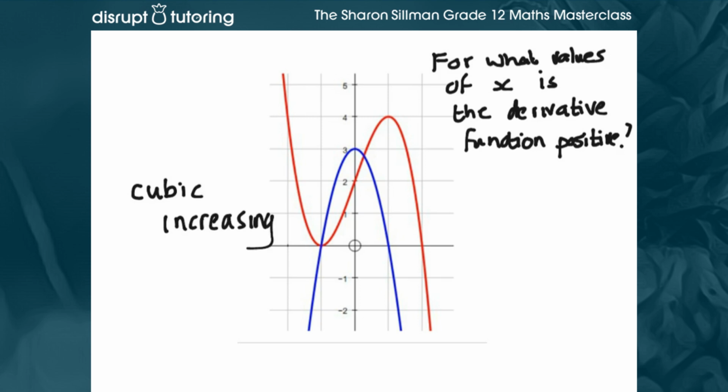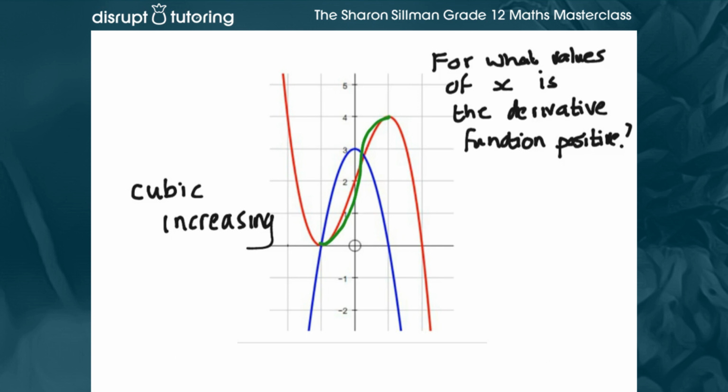So even if we couldn't see the derivative function, the blue graph drawn here, we should be able to say, well, if we wanted the derivative function to be positive, then its original function must be increasing. So therefore we must be interested in this piece of the function.